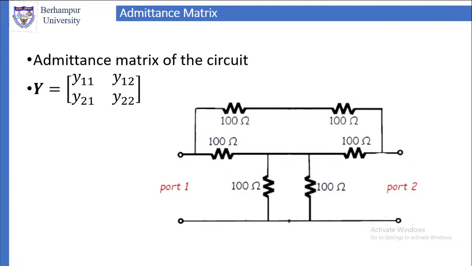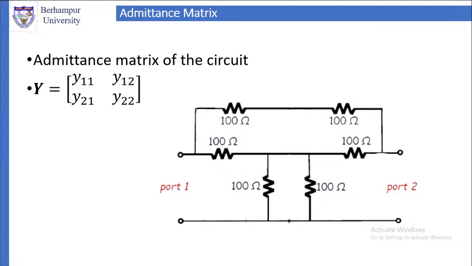Now just look at the symmetry of the circuit. Because of the symmetry, if I find Y11, I can easily find Y22 because Y11 will be equal to Y22. If you look from port 1, the resistance that is seen will be exactly the same as the resistance I will see if I look from port 2. Therefore, Y11 will be equal to Y22.